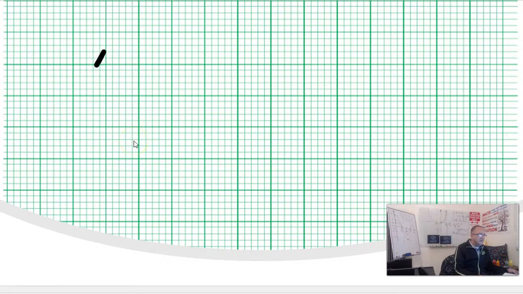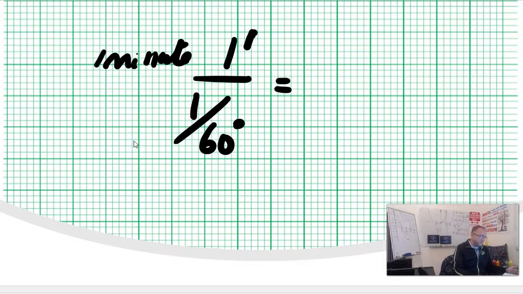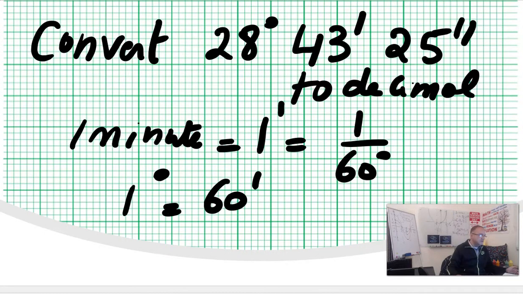So I have 1 minute, stacking them up as an equivalent fraction: 1 minute is 1/60 degrees. What was the question? The question was 43 minutes.